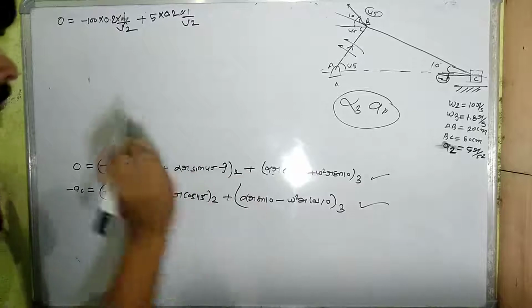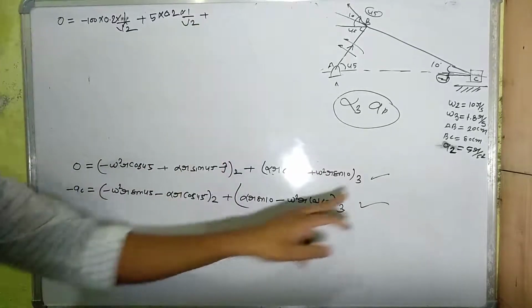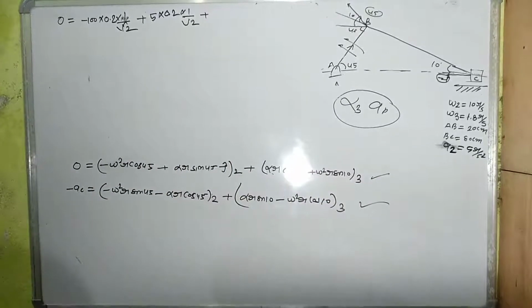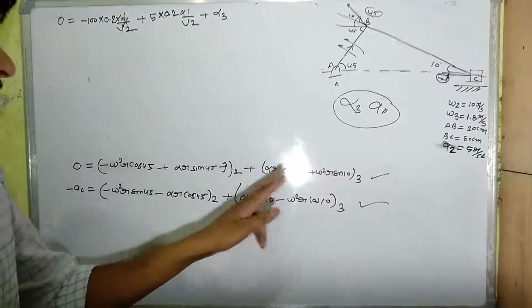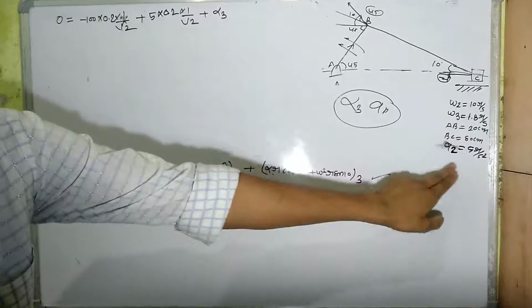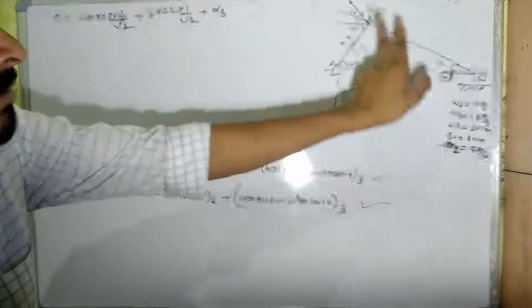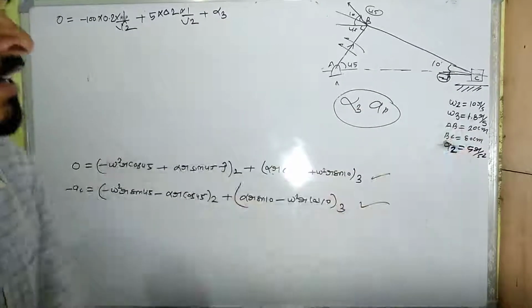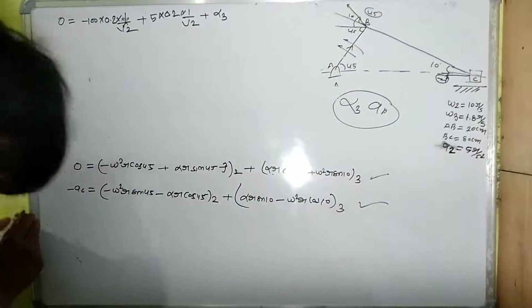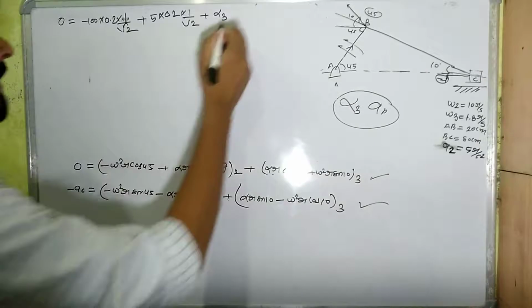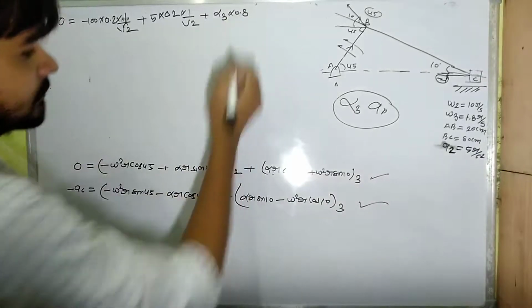Now for link 3 alpha 3 you don't know, so leave this like alpha 3. Okay, r3 you know that, r3 means bc, you know that bc is 80 centimeter, so 80 centimeter that means 0.8.